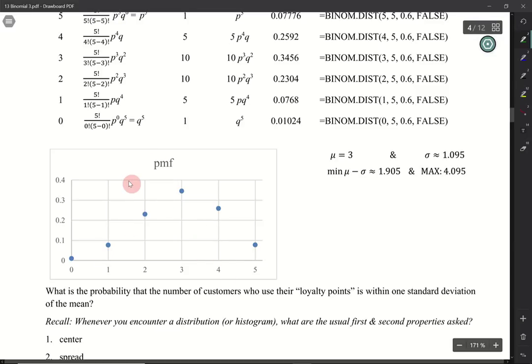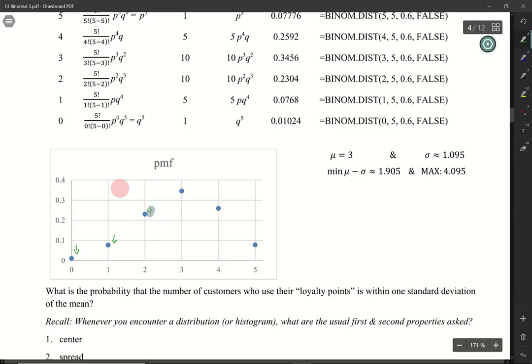Here, the probability of success is 0.6, so it's a little bit skewed. It's a little bit pushed over to this side. So the midway point would be 2.5. The ones on the left of the midway point are kind of pushed down a little bit.